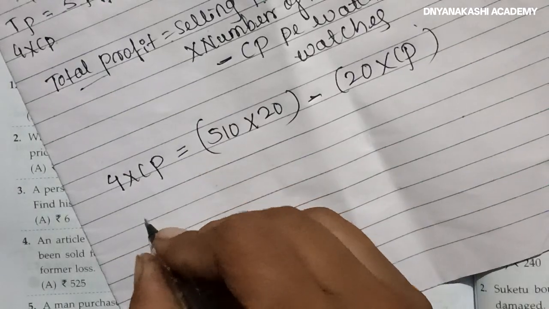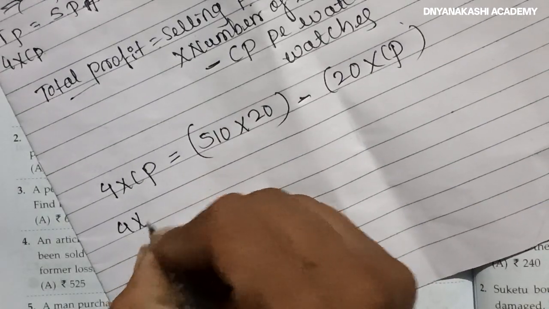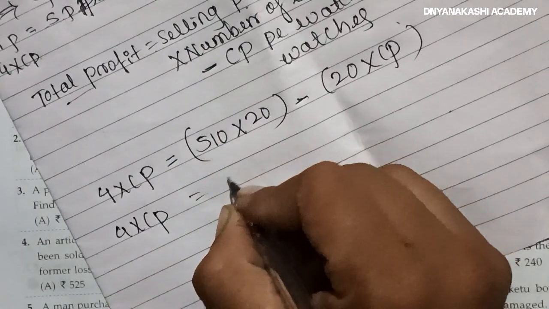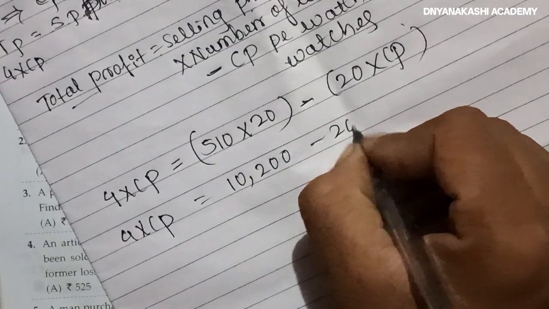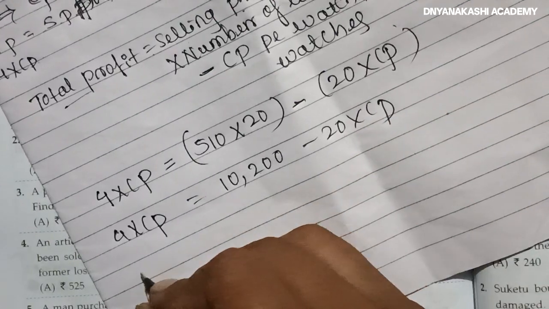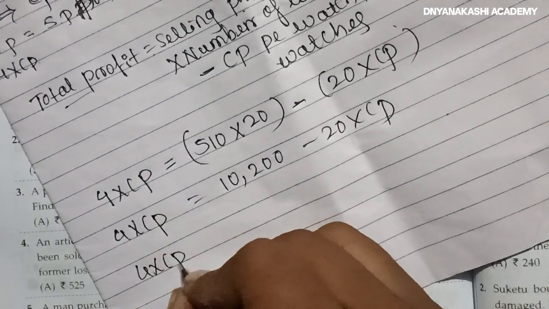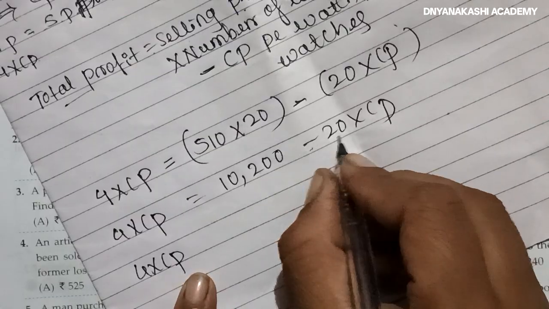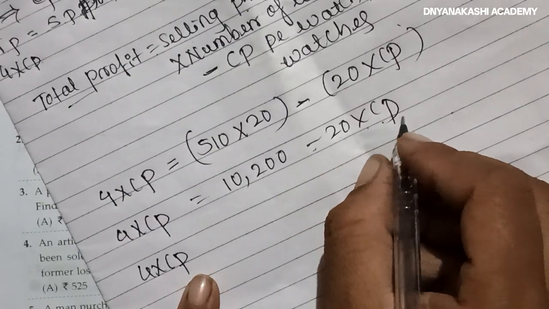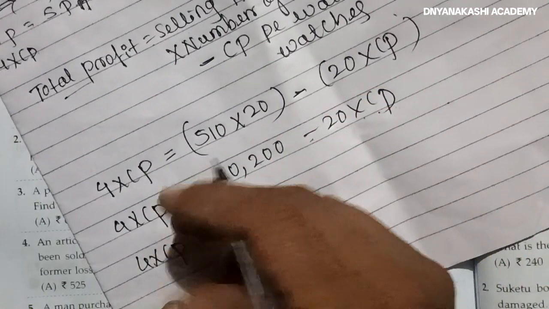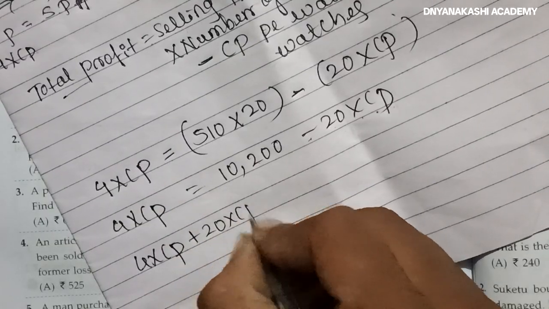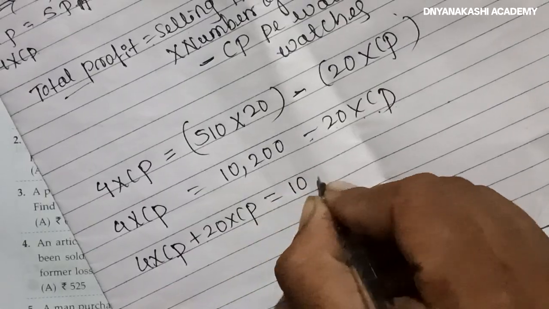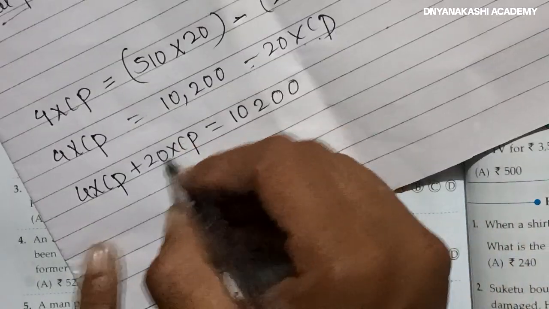Now we have to find it: 10,200 minus 20 into cost price is equal to 4 into cost price. Coming to the right side, this becomes plus 20 into cost price, equal to 10,200.